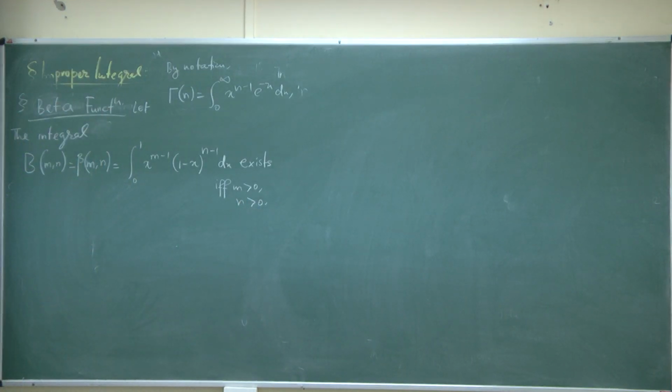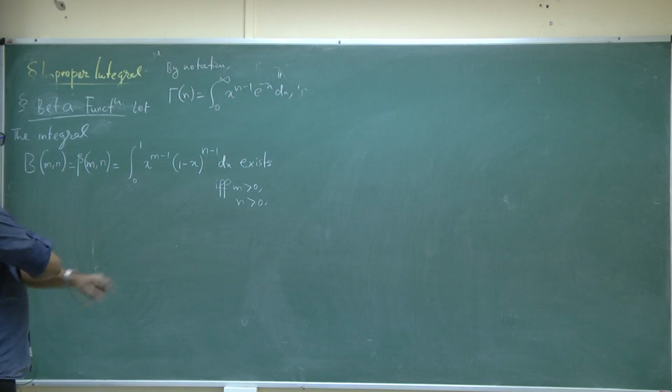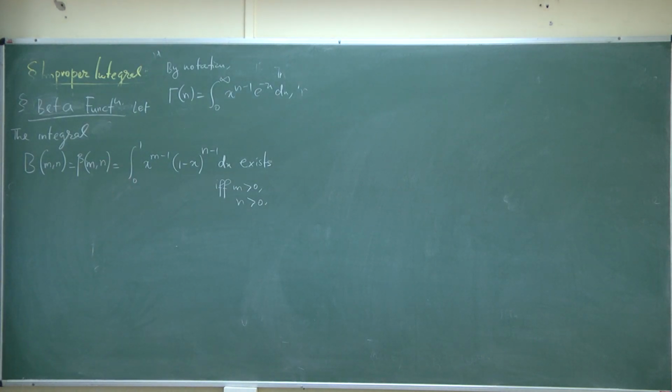Here we can see that when x is 0, if m is less than 1, then we have at x equals 0 a point of discontinuity, because then this one will go in the denominator, and if n is less than 1, then we will again have a point of discontinuity at the right hand point.